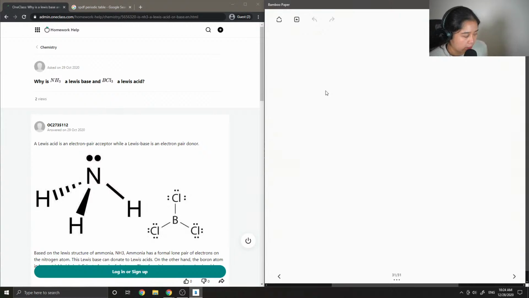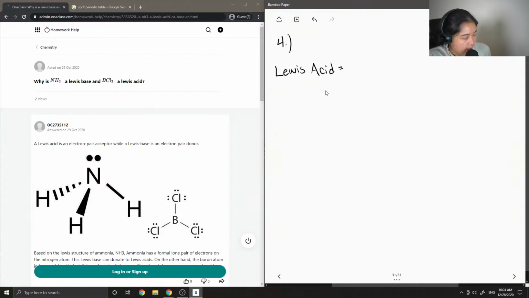Okay, so question number 4. Why is NH3 a Lewis base and BCl3 a Lewis acid? Okay, so I'll write the definition for both Lewis acid and Lewis base.